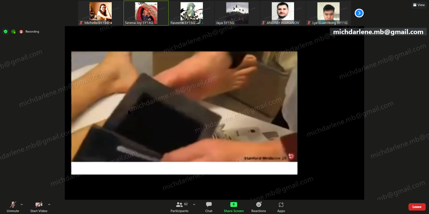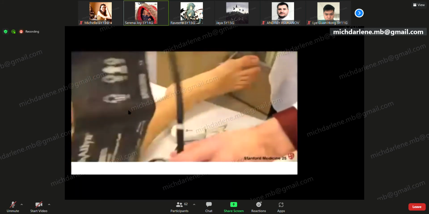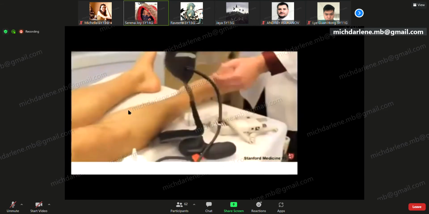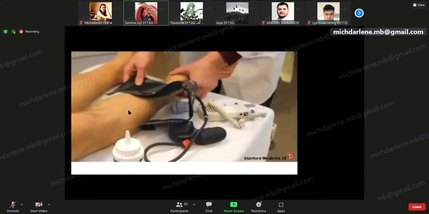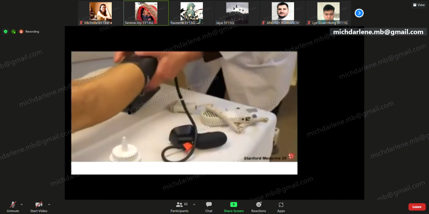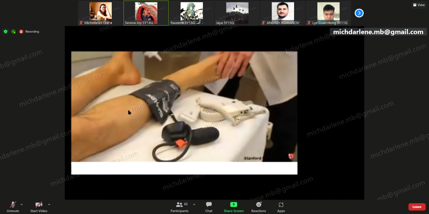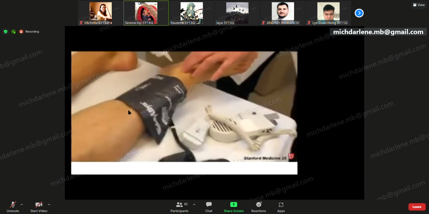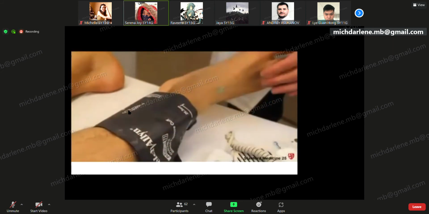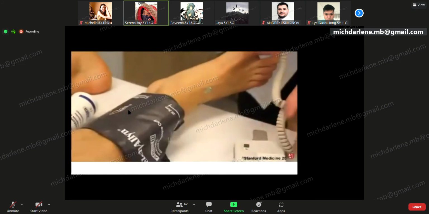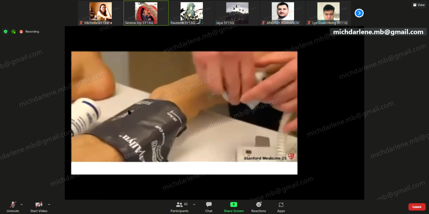So once again, you apply the blood pressure cuff, and in this case, we're going to be applying it right above the malleoli. Again, you want it snug, and you'll put the gel right behind the medial malleolus and over the dorsum of the foot. So let's just take a listen to the waveforms here.